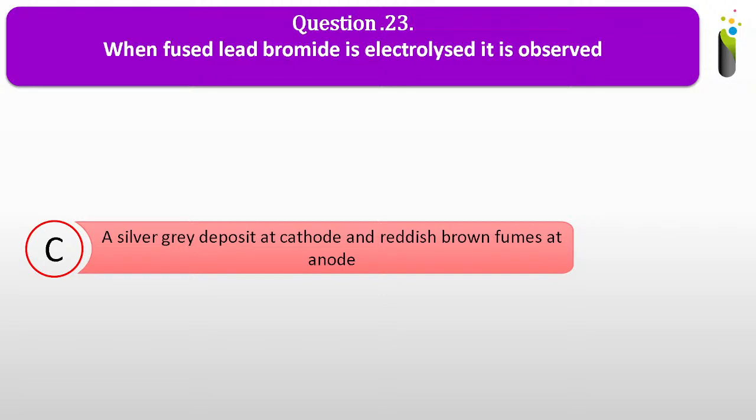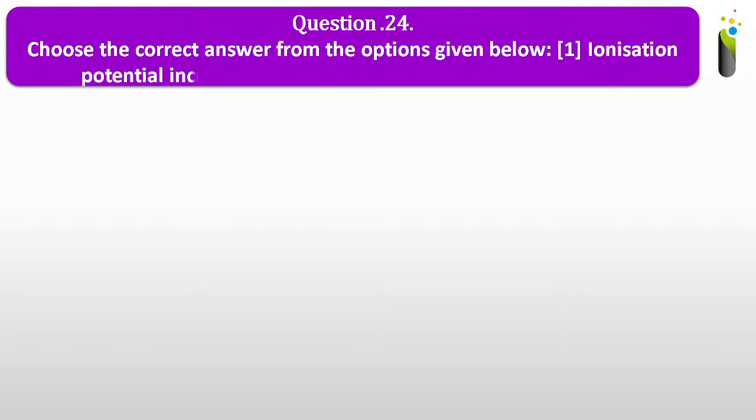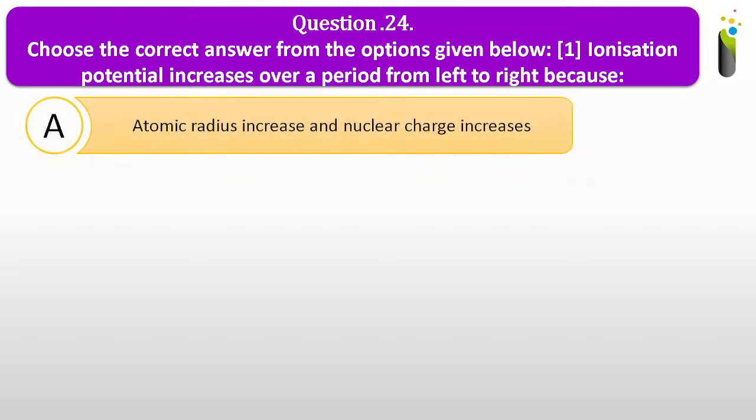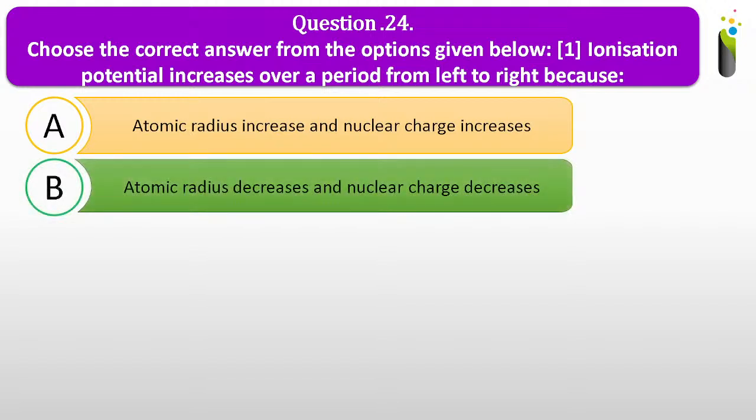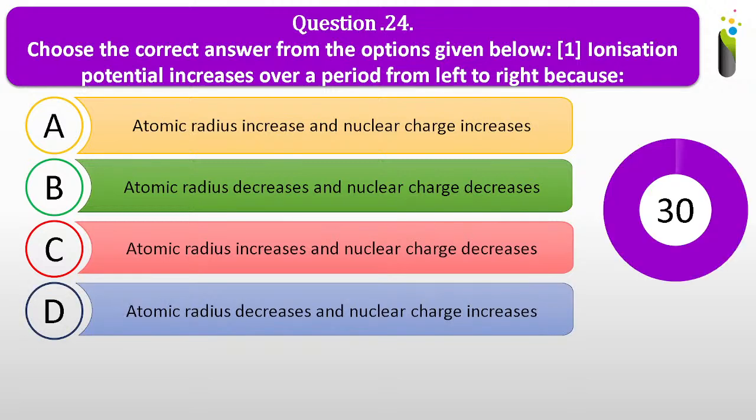Going to the next, that is question number 24. Choose the correct answer from the options given below. Ionization potential increases over a period from left to right because dash. A. Atomic radius increases and nuclear charge increases. B. Atomic radius decreases and nuclear charge decreases. C. Atomic radius increases and nuclear charge decreases. D. Atomic radius decreases and nuclear charge increases.